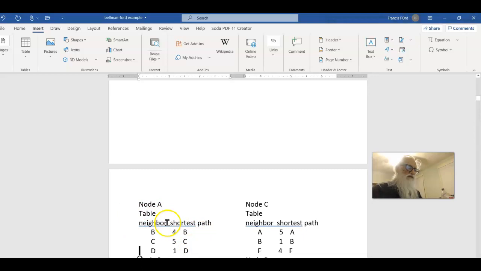Now, I shouldn't have used the word neighbor. I should have used node, because this is only for the first time that I use the word neighbor there. So this is saying that A has 3 neighbors. And if you want to get to B, you go through B, and it's a cost of 4. If you want to go to C, you go through C, and it's a cost of 5.